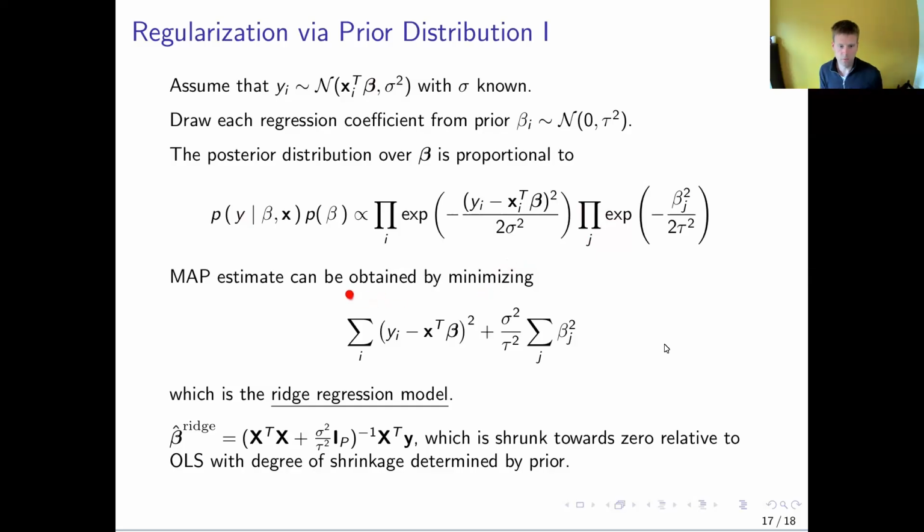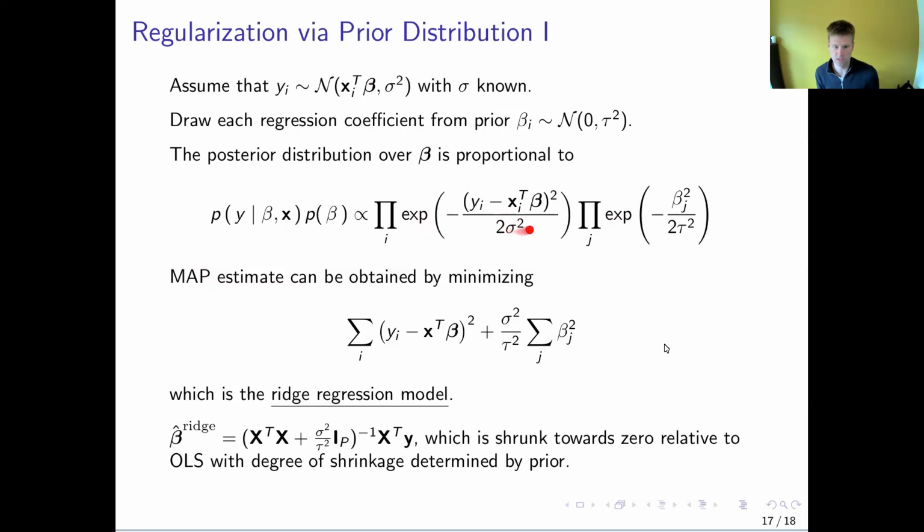All right, so if you want to obtain the maximum a posteriori estimate of the regression coefficients, you would basically take that and maximize it. Okay, so one initial step would be to take the logarithm of that expression and drop out any terms that don't depend on the betas.